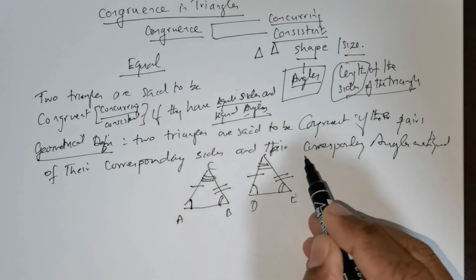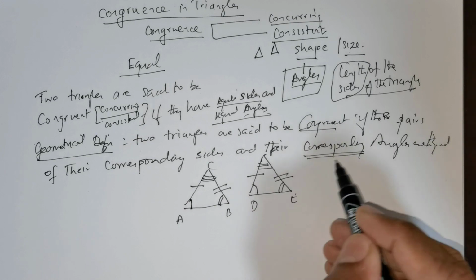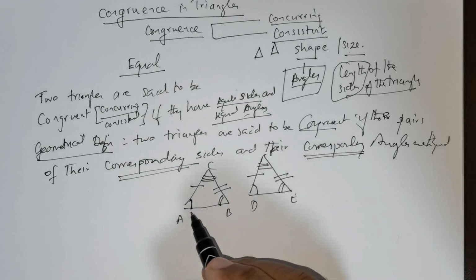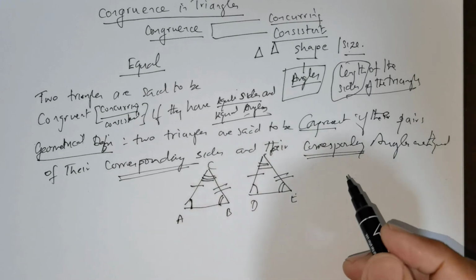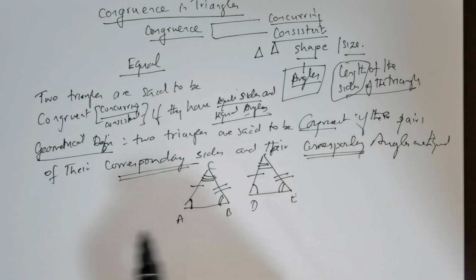So that is the meaning of the term corresponding. This corresponding is the key word. You follow me? You cannot go and compare this with this, because then the purpose is lost, right? So I have this definition and we will move on.